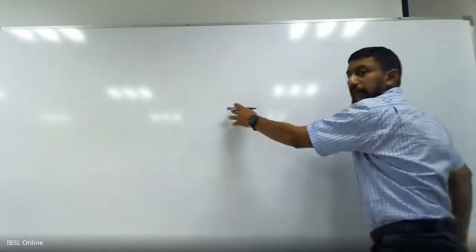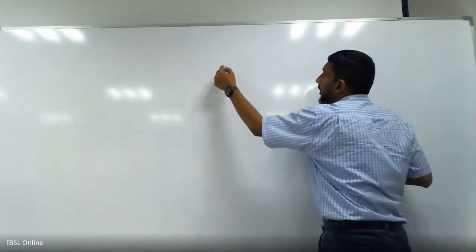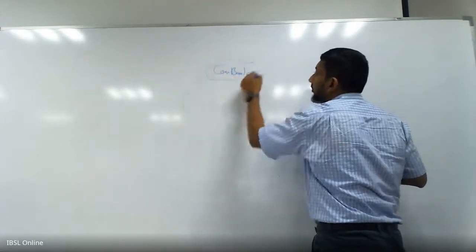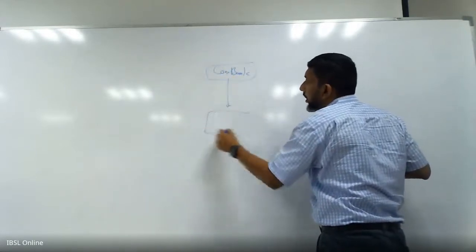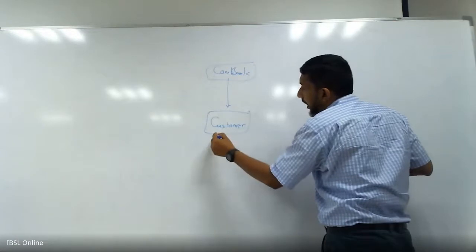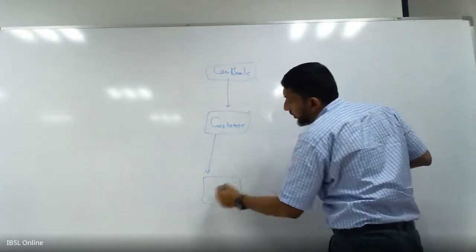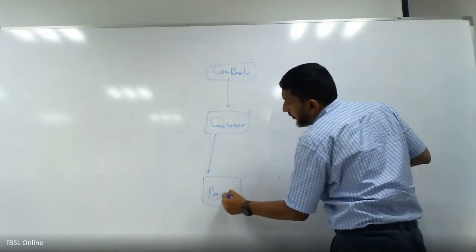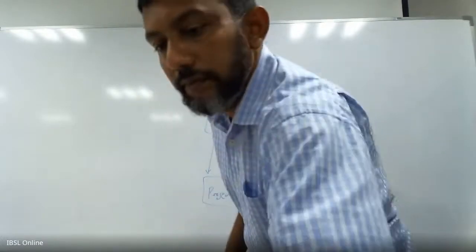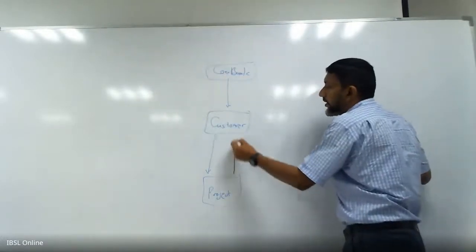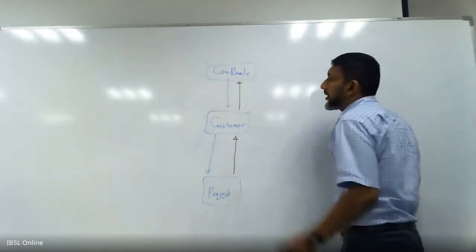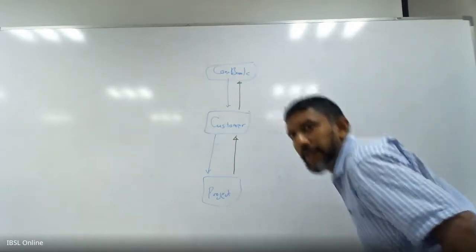In a conventional bank, the bank gives facilities to the customer, and the customer undertakes the project and pays returns to the bank. Is the diagram clear?